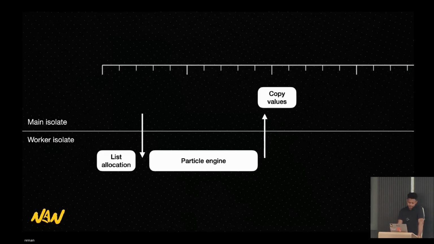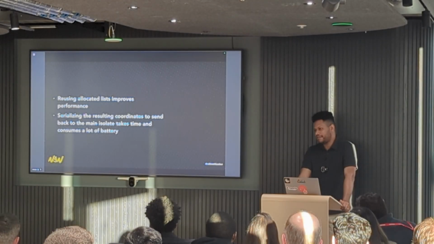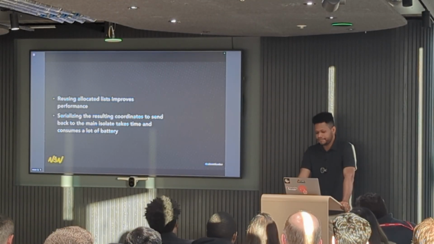And that's not very optimal because, as I said, isolates don't share memory. Because they don't share memory, they cannot share instances, and because of that, whenever we have an update in the state of the particles, we have to copy all of the values. That's just like allocating on every frame again.